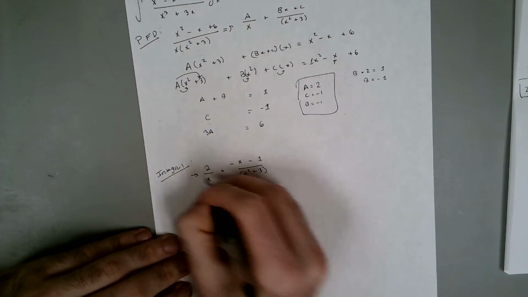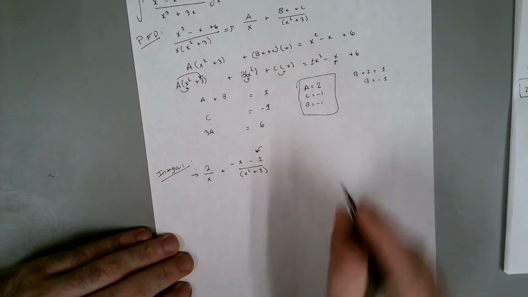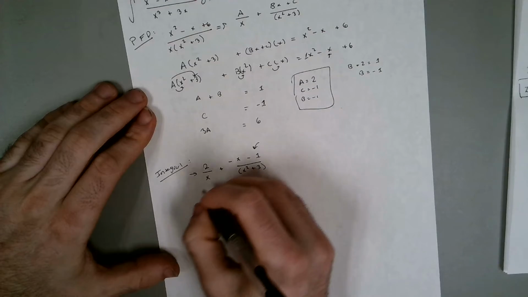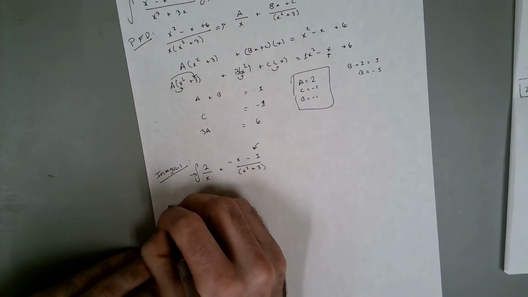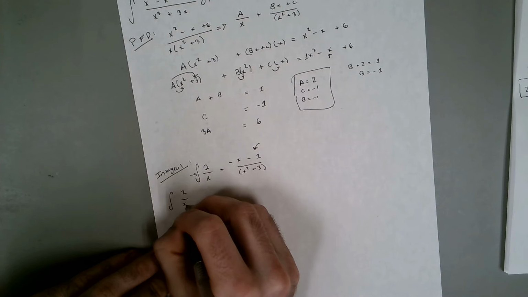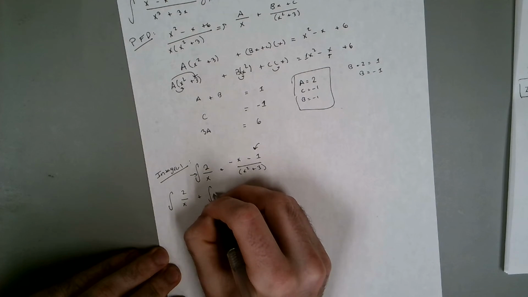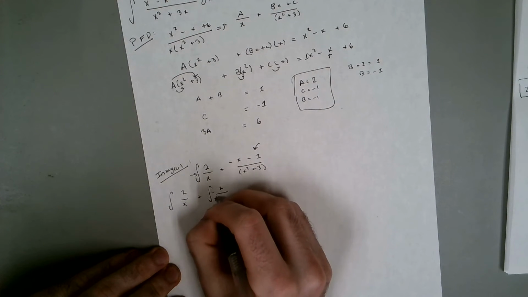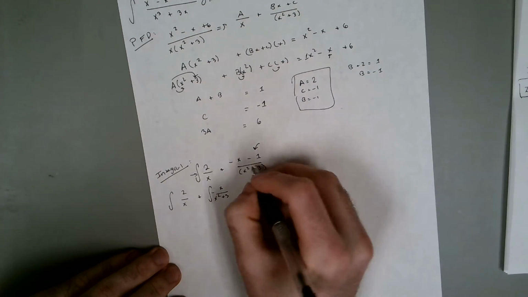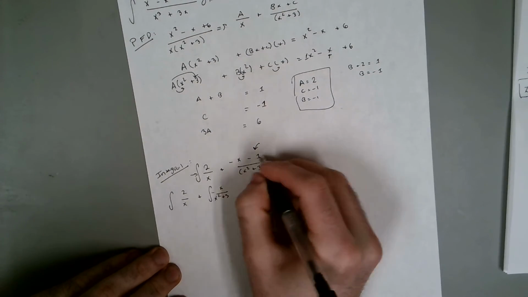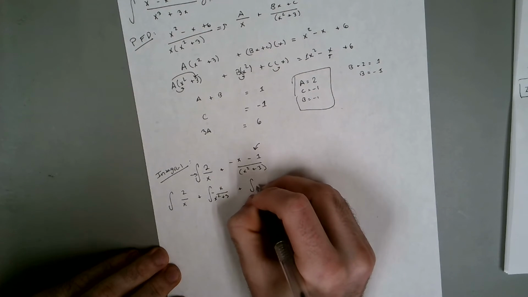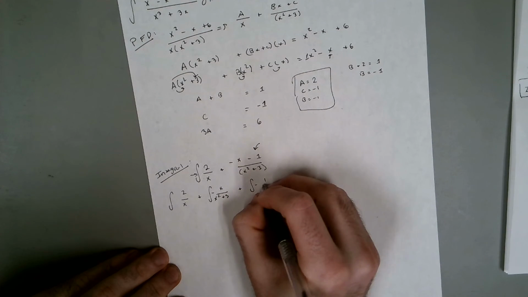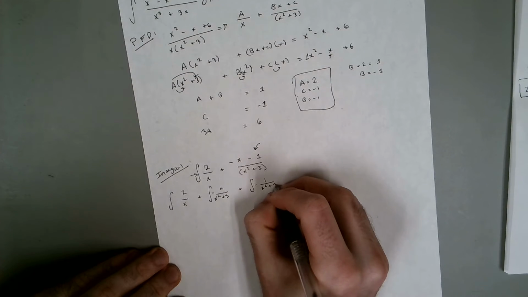In this case, it's going to be beneficial if we split up this second term here. So let's actually split up the entire integral and we'll see what happens. 2 over x plus the integral of negative x over x squared plus 3. Here again, I've just taken this and split up the numerator, plus negative 1 over x squared plus 3.